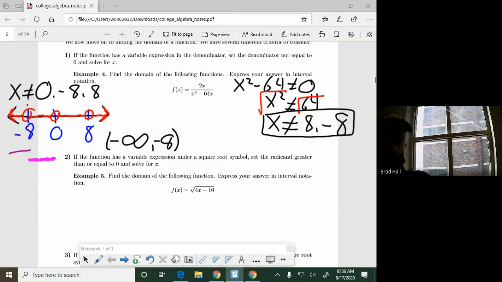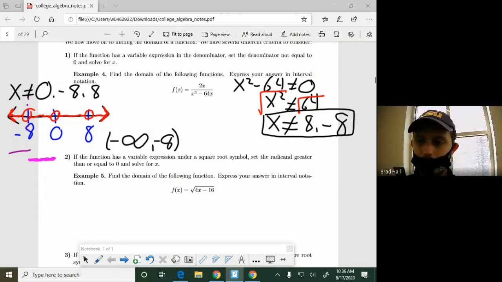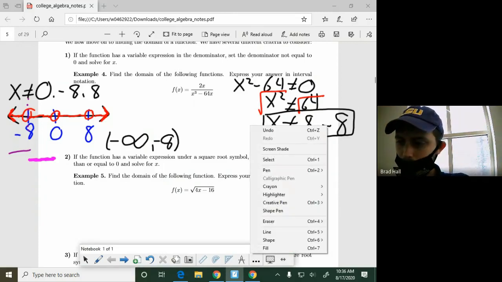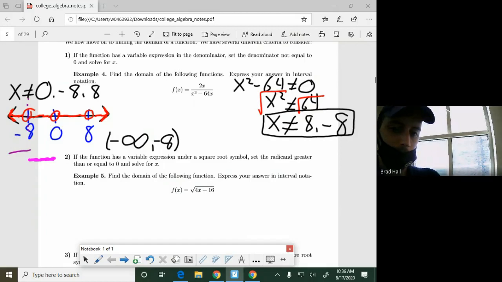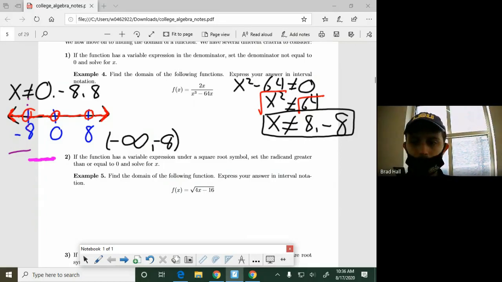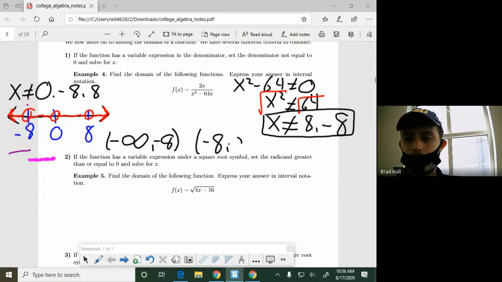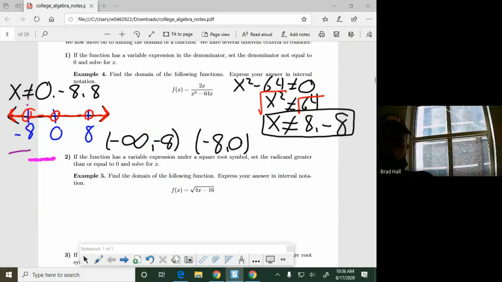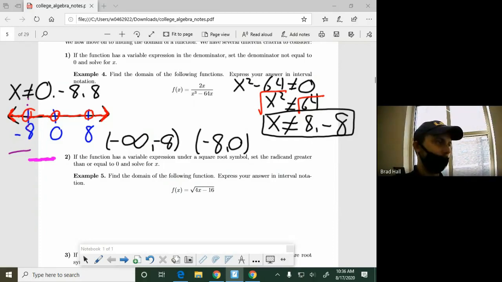So that's what I'm using this kind of colored multi-layer step here to illustrate. And so now that interval, we started at negative 8 and we ended at 0. And they all get parentheses because none of them are included. They're in particular excluded. But hey, look at this. We have two disjoint intervals.